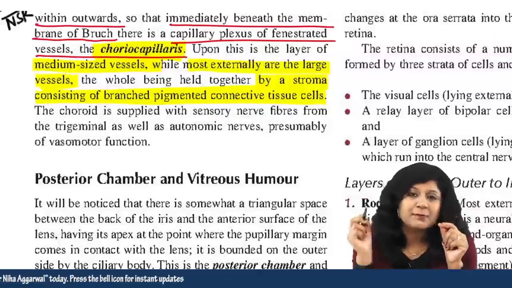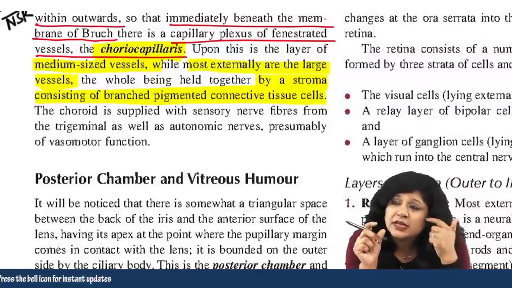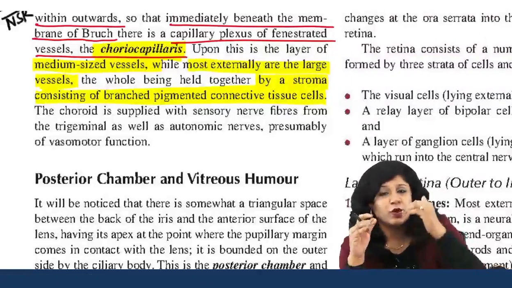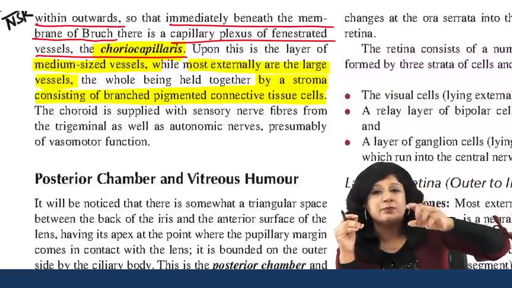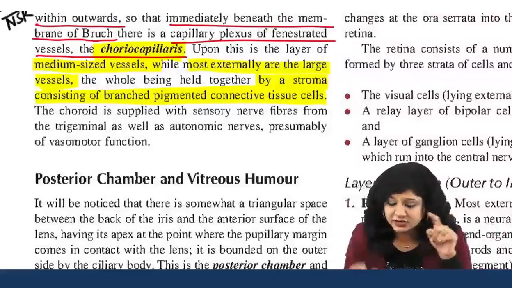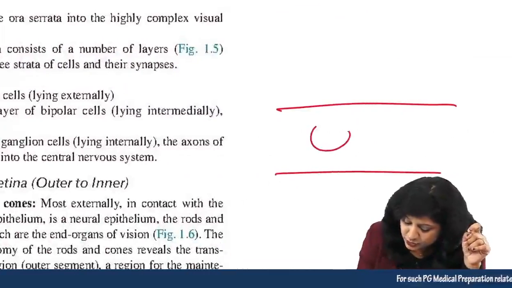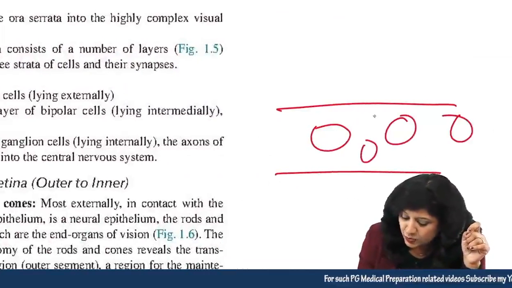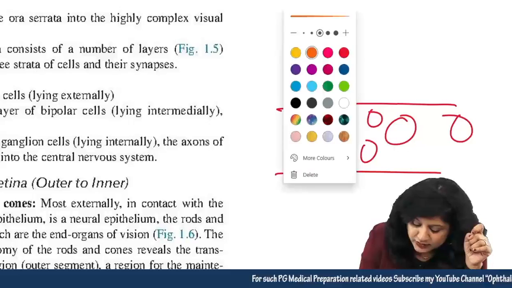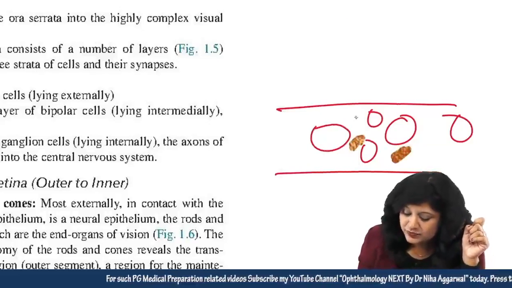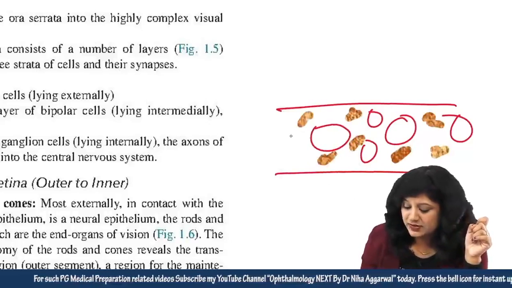Now, if you remember, when we do the naming of the different layers of the retina, we always identify the choroid by the lumen of those large vessels, and you also see that there is pigmentation there, because we have pigmentation between the vessels of the choroid.